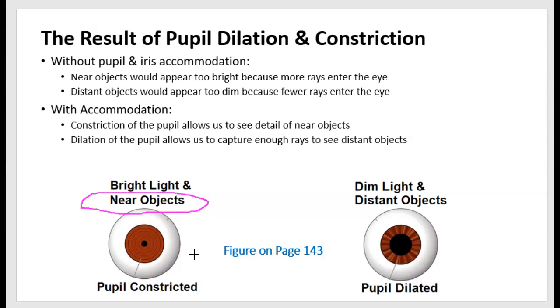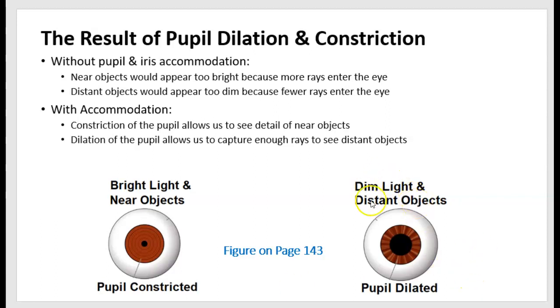You don't want the entire retina to be stimulated. You'll have way too many neurons firing and the image will appear blurry. So in bright light situations, as well as focusing on near objects, the pupil constricts because the pupillary constrictor muscle, the circular muscle in the iris, has contracted.